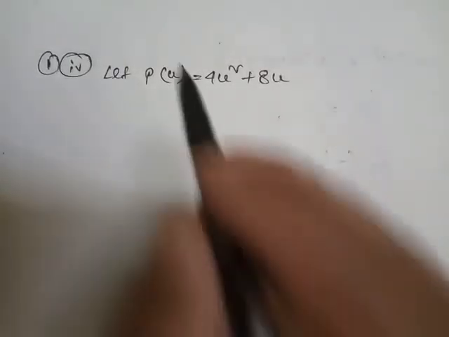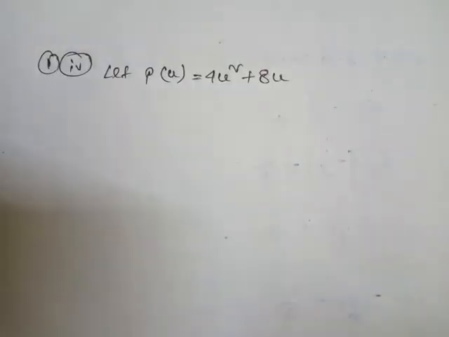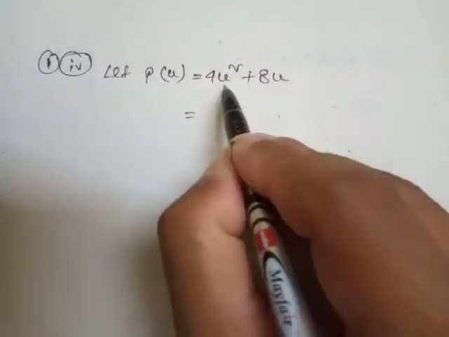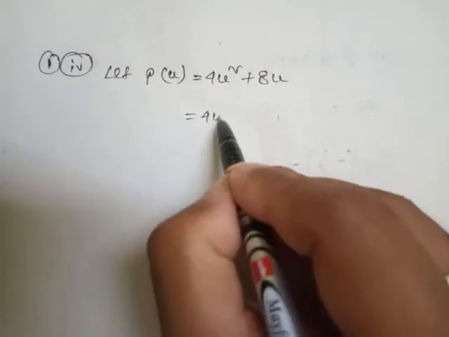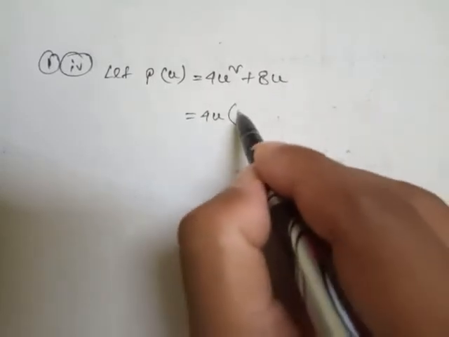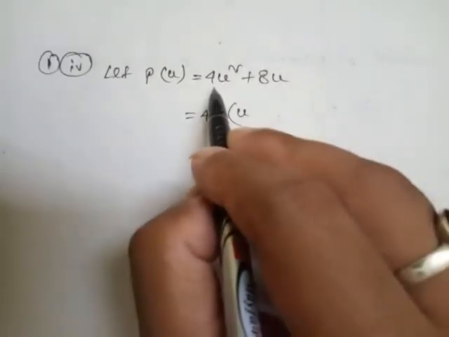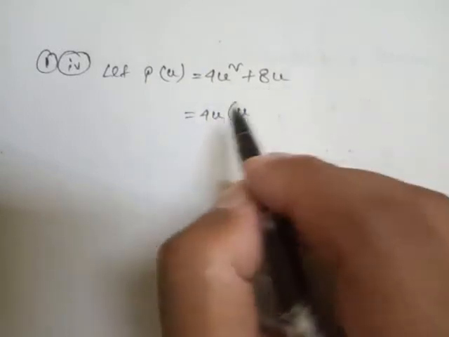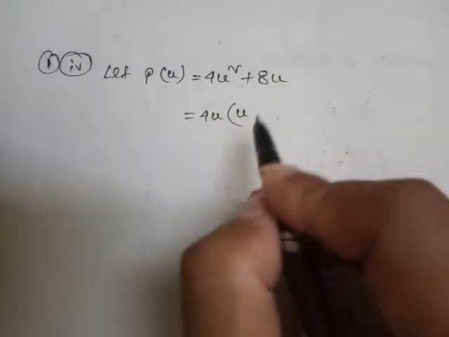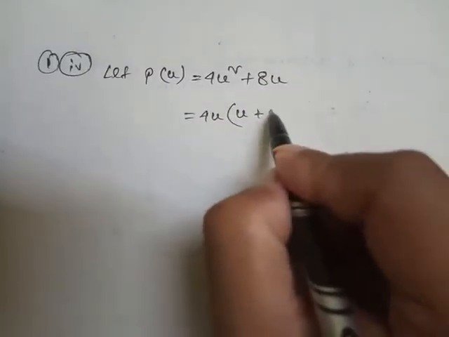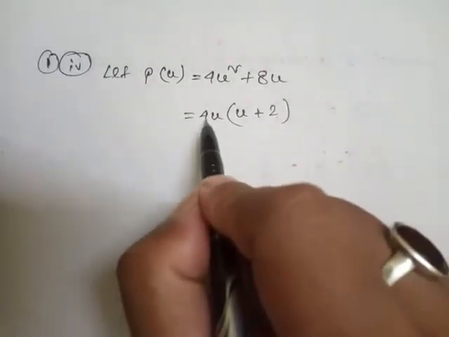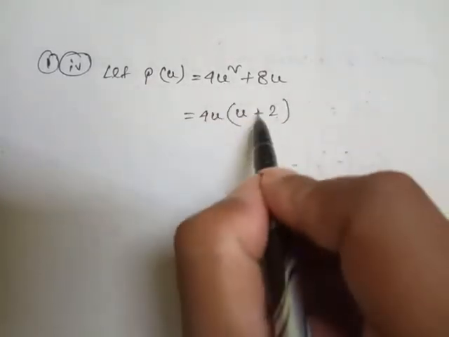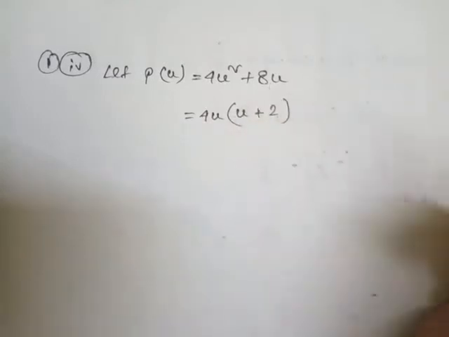Now look, p(u) equals this. So next, from here, if I take 4u common, then the answer would be 4u into u plus 2. I repeat, if I take 4u common from here, the answer would be 4u into u, which is u square, plus 4 times 2, which is 8u.